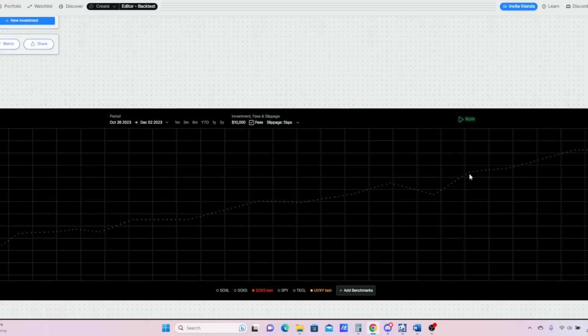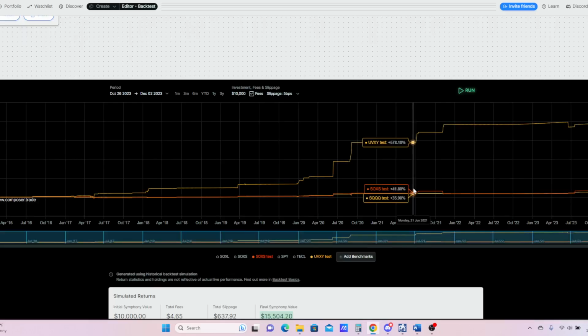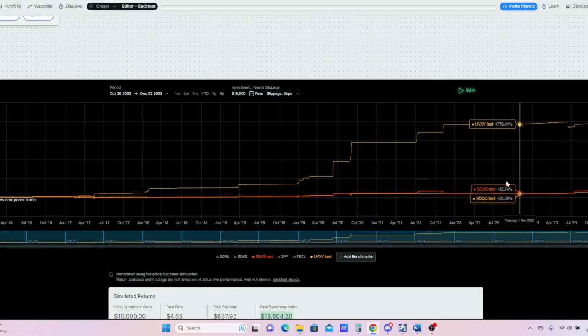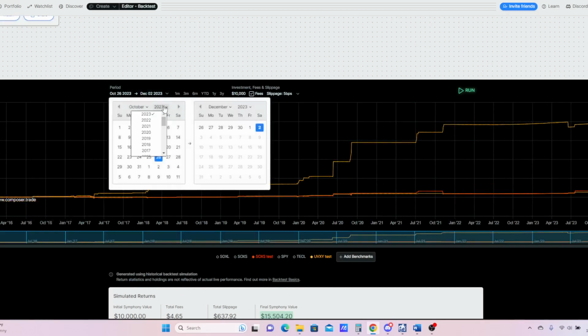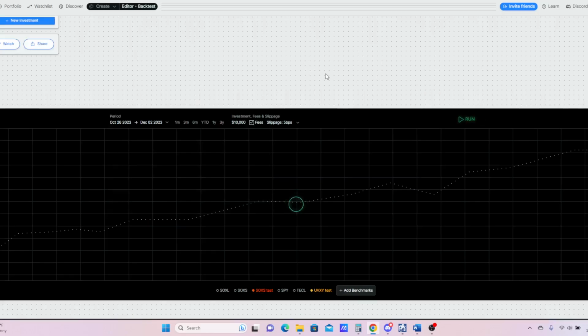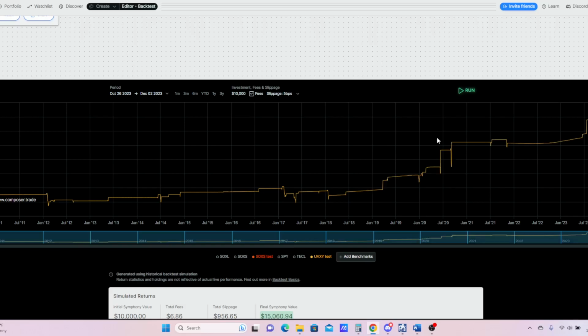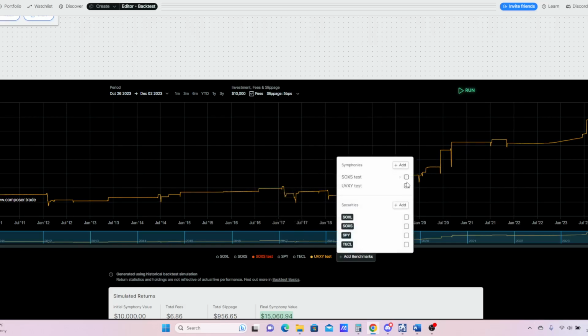Okay, so now I have all three, right? Let me go to 2011. What the heck? I think some of them are not present. Some of the tickers may not be. You don't have the box selected. Sometimes it just messes up, honestly.